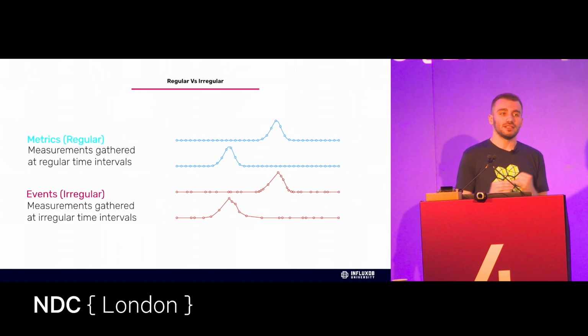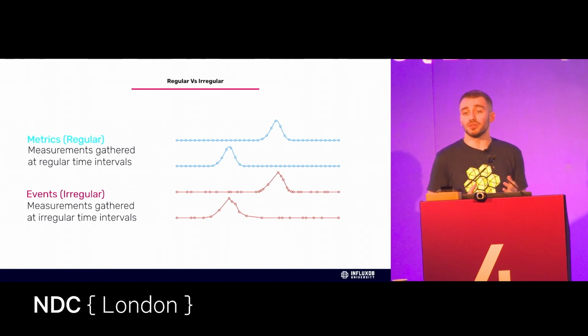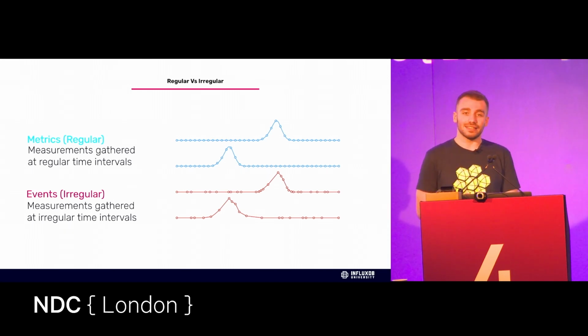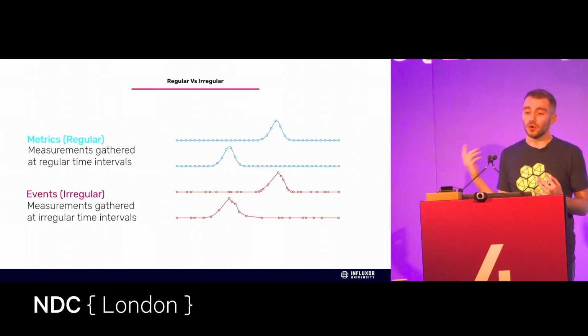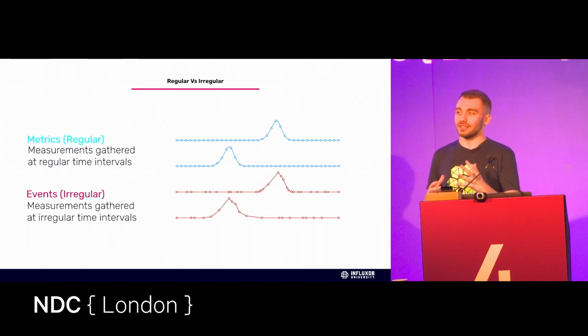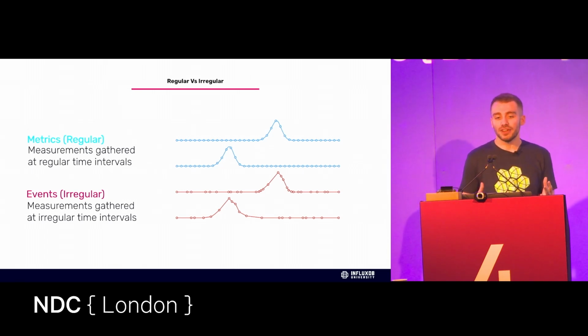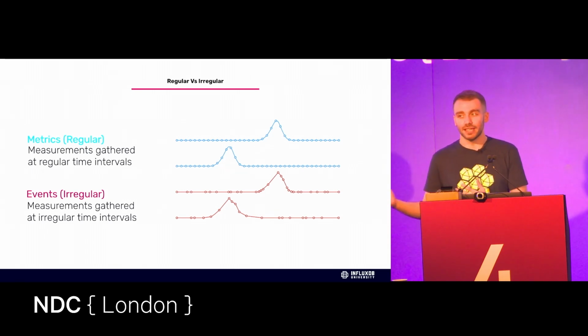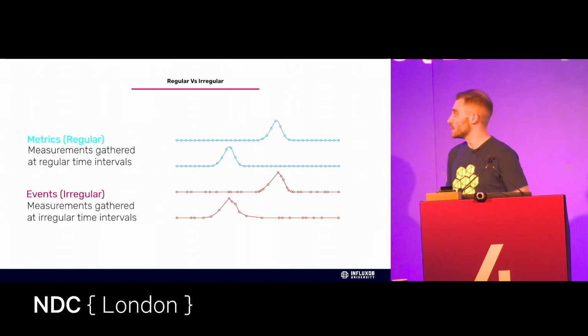Say I want to know how many times my machines have failed in a day. That's an aggregation. I'm doing a count on the number of events, and so my data now normalizes into metrics. So just to give you a little perspective, when you're dealing with your time series data, it may feel uncertain with event data, but it can become regular metrics if that's what you're looking for.